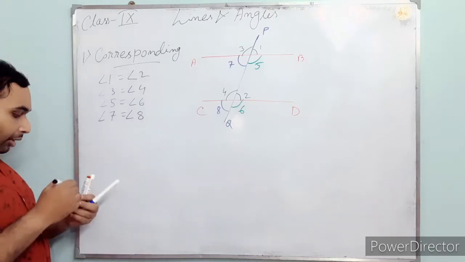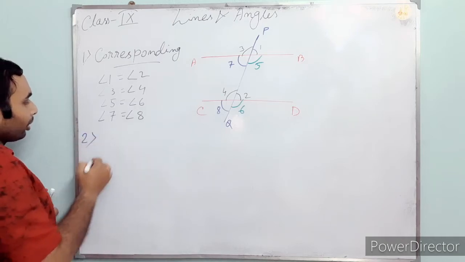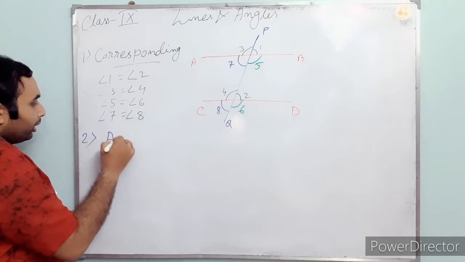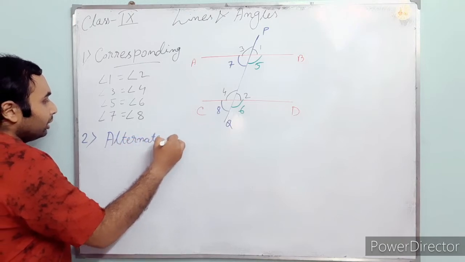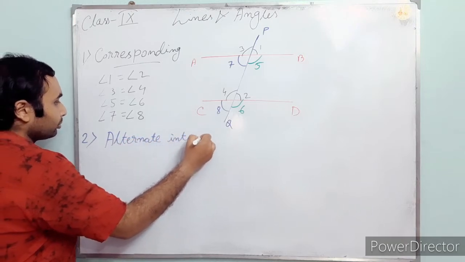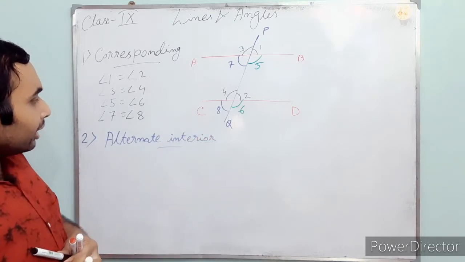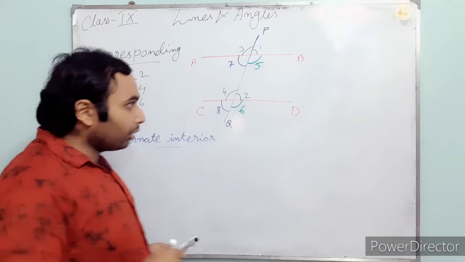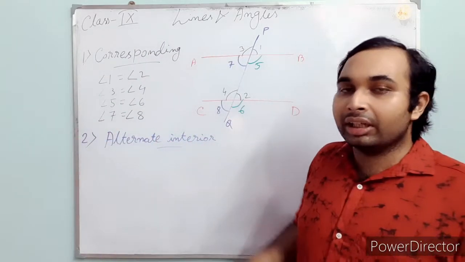Number 2, the name coming is alternate interior angles. What are the alternate interior angles here? Before proceeding, I want to tell you that in alternate interior, the interior is there.